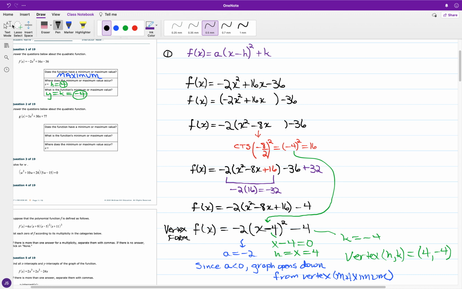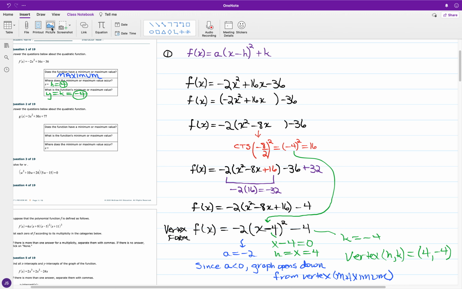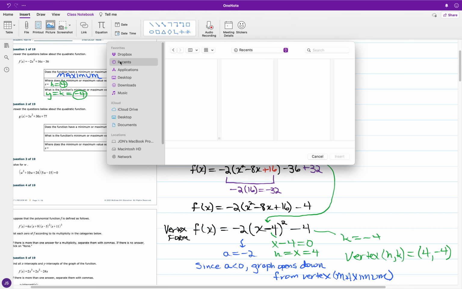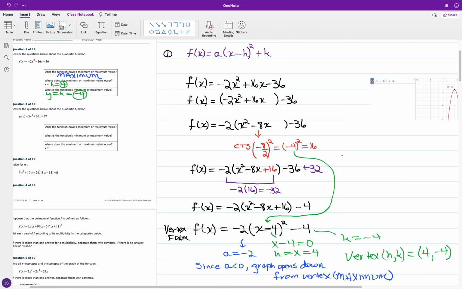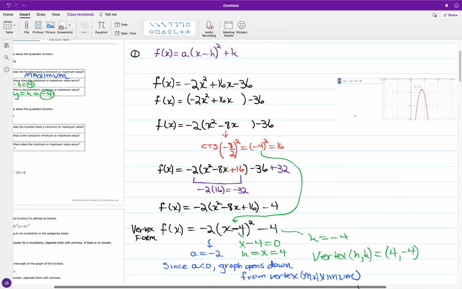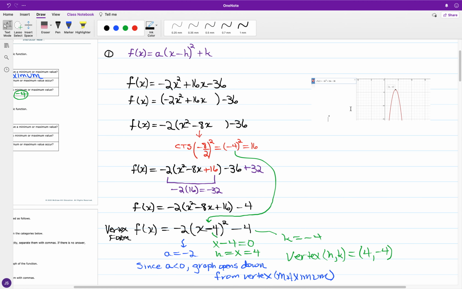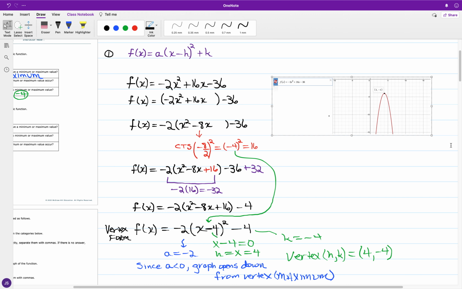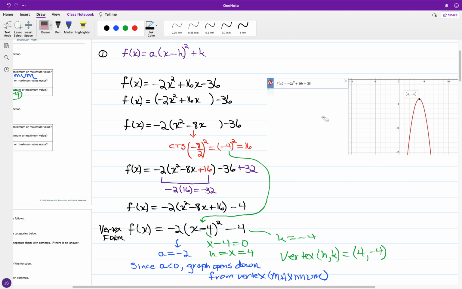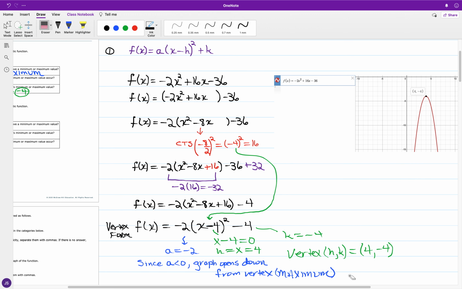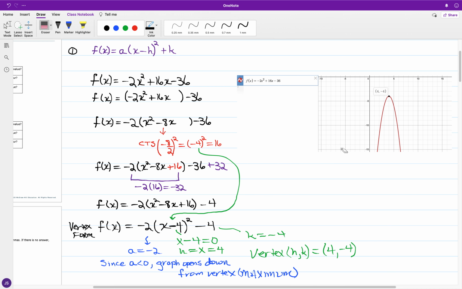And just seeing how this function appears. So just taking what we have now, the graph of f of x equal to negative 2x squared plus 16x minus 36 is a parabola that's going to be opening downward from the vertex.